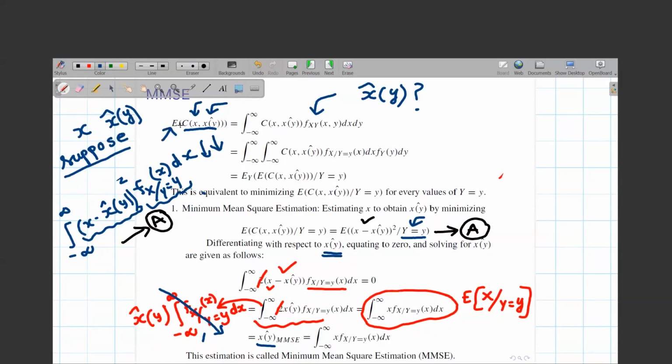And then we are trying to minimize this one, because we are doing this estimation, so there is some error in it, and that one we are trying to minimize, right? We are interested in knowing the better way to find this x cap of y that minimizes the whole function. That is what the problem is, right?